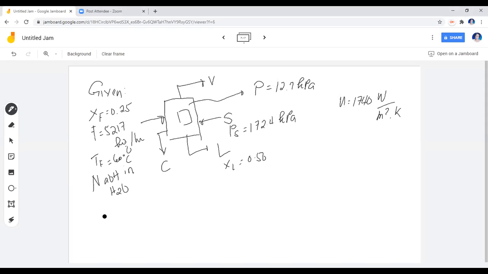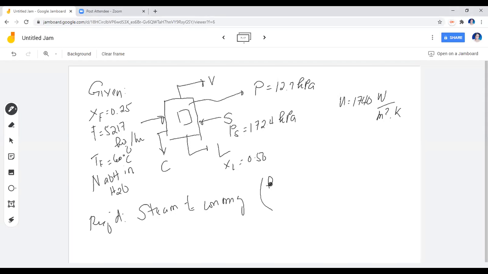So the required information here is the steam economy. Anyone who can tell me what steam economy is? Based on what we have discussed last meeting, what is steam economy? Anyone?